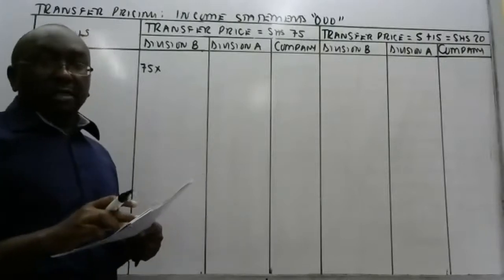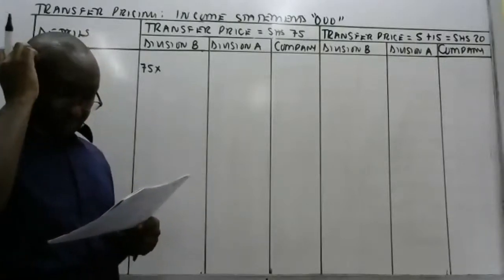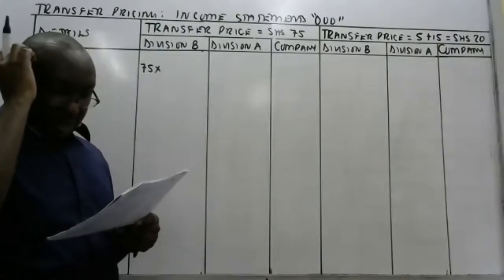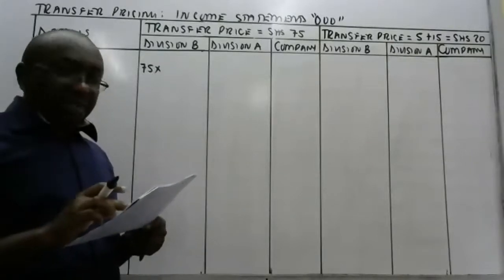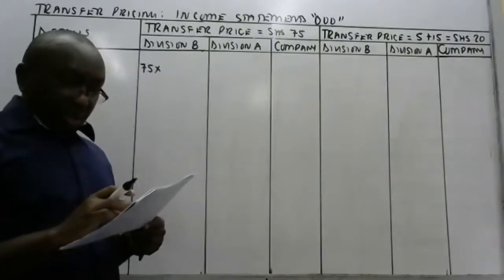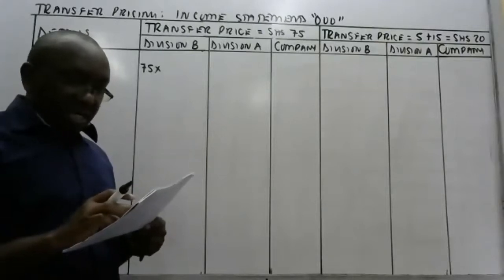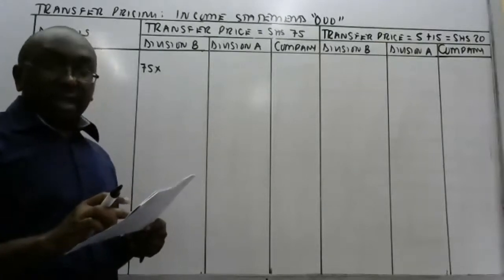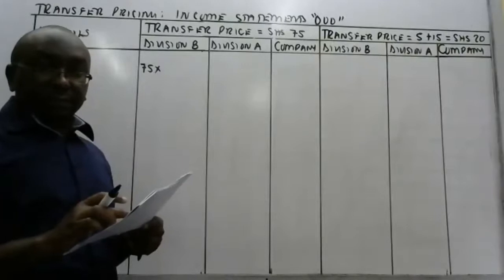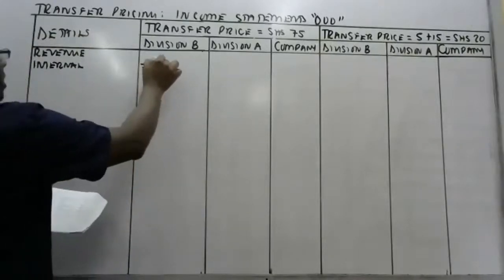I hope you can see 80. And then towards the end of the table for division B, you can see the very last item is that maximum annual internal demand is 80. So they are able to sell 80.